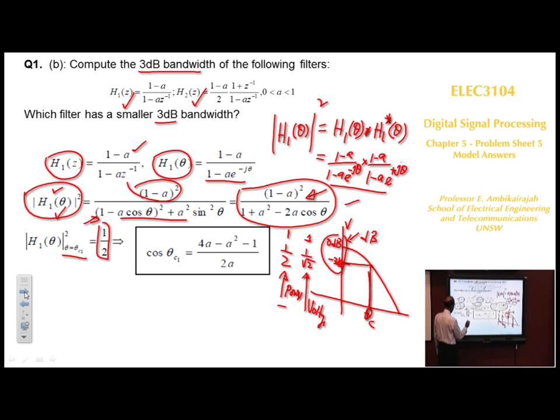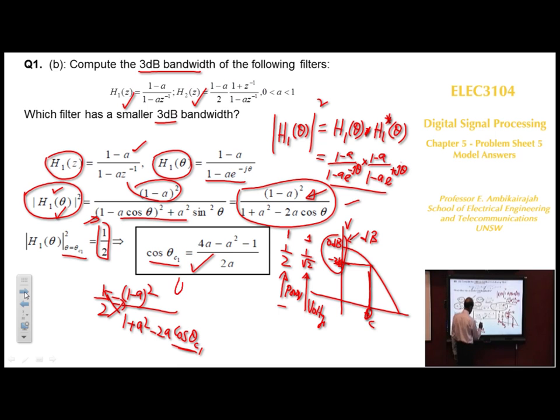All you need to do is set half equal to (1 − a) squared divided by (1 + a squared − 2a cos θc1), and now you do cross multiplication and find the value of cos θc1, that gives you the answer. That's just simple algebra. So we have calculated the cosine of the cutoff frequency θc1. If you really want θc1, it is equal to the cos inverse of that.